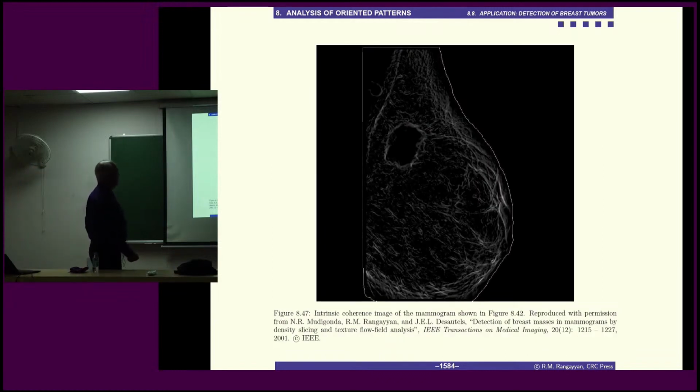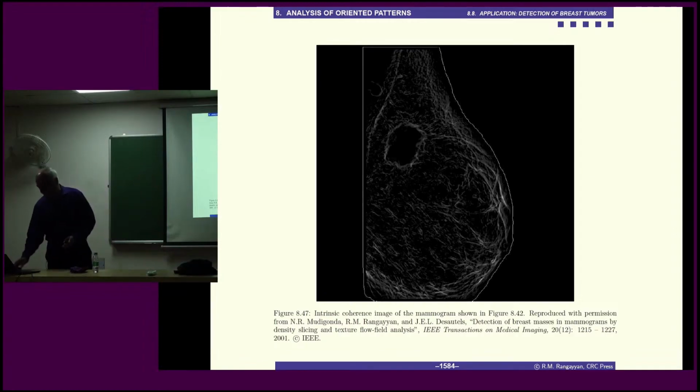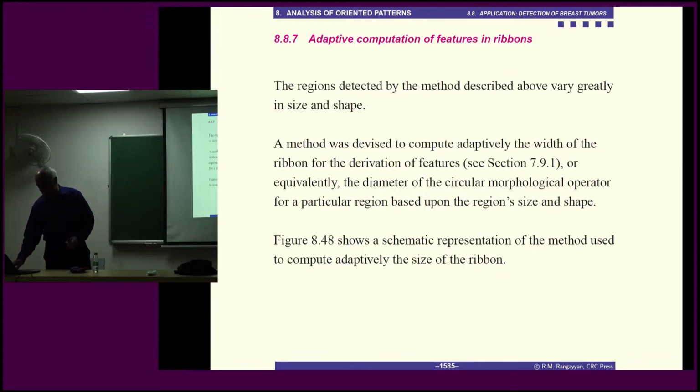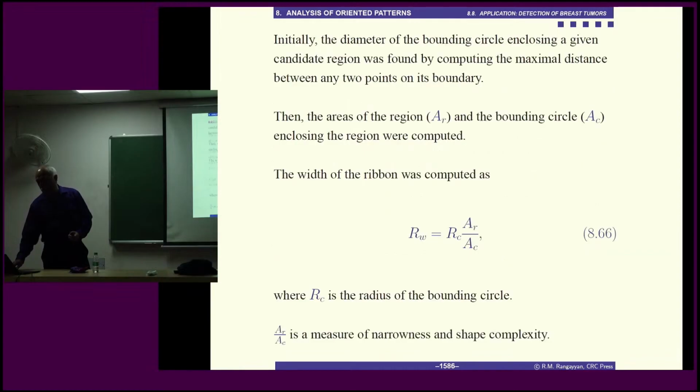This is the intrinsic coherence image, where you see large coherence along the ligaments. Around the boundary we get a little bit, but not inside. You have to scale this and zoom it, you will see that. We then computed the features in adaptive ribbons. We have already seen that.